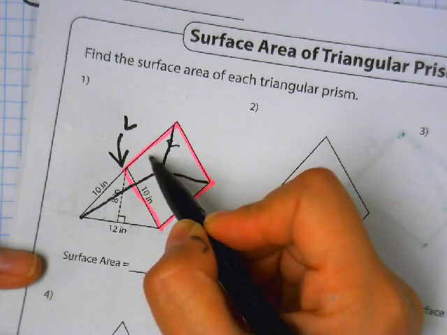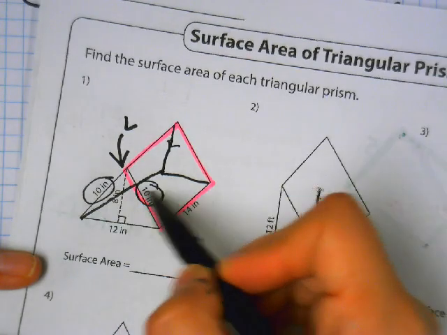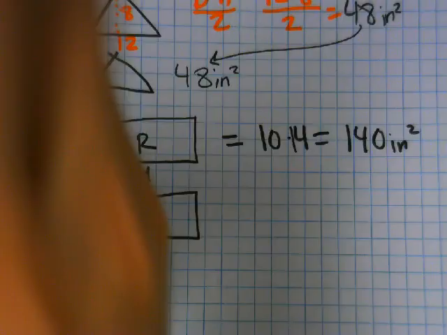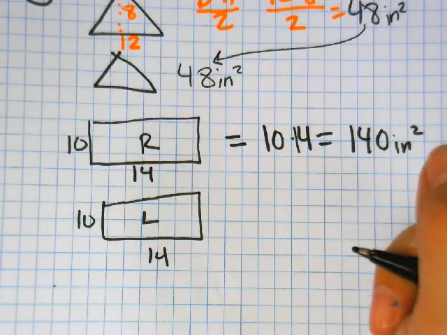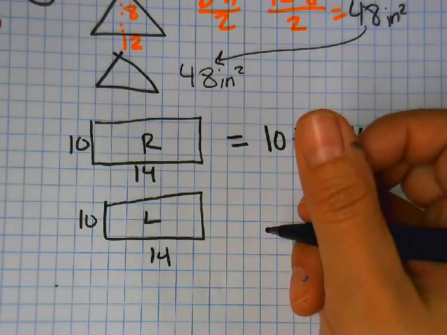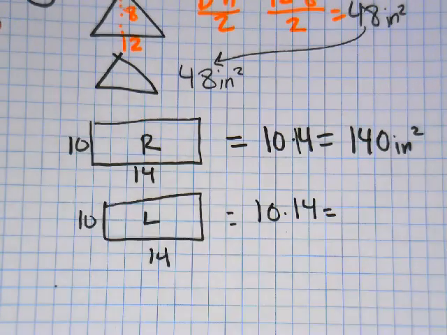I didn't draw very well. It's the same because these two numbers repeat. You see how there's both 10s? So the left side is also 10 and 14. Does it always happen? No, it doesn't always repeat. But this is an isosceles triangle, so it will repeat.